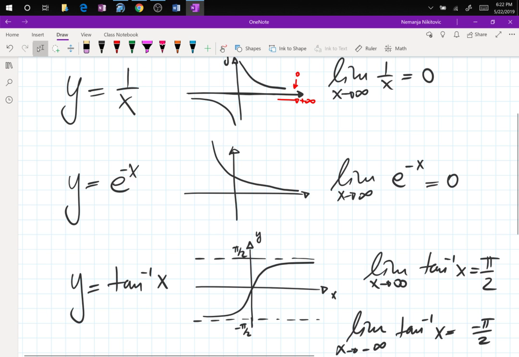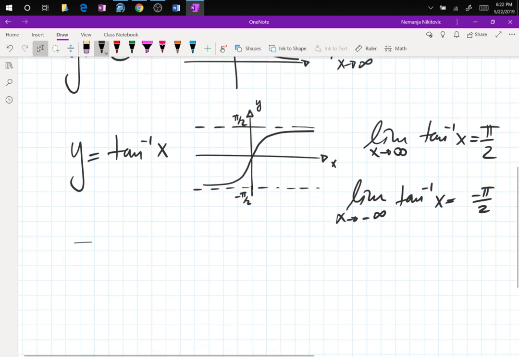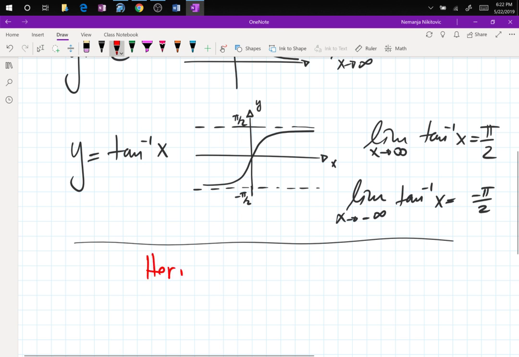So now, what do all of these functions have at these limits? They have horizontal asymptotes. So a limit at infinity will give us a horizontal asymptote.